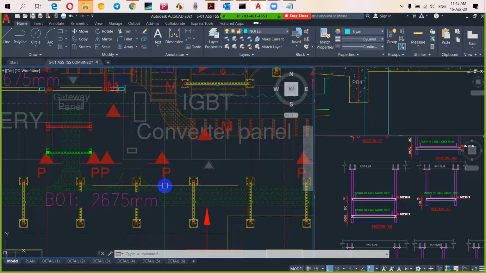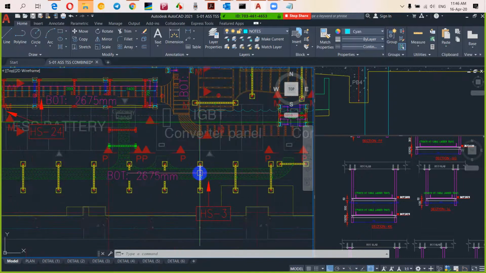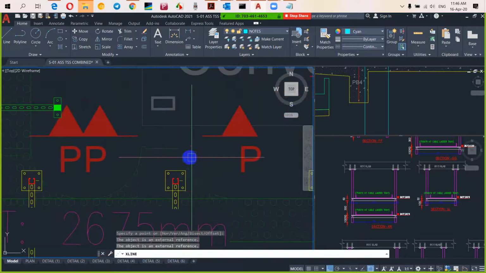Can't this be connected between these two? Is it not possible? No, actually if we want to connect here, we have to give another support. So let me show you. If we give another support, where is it going?